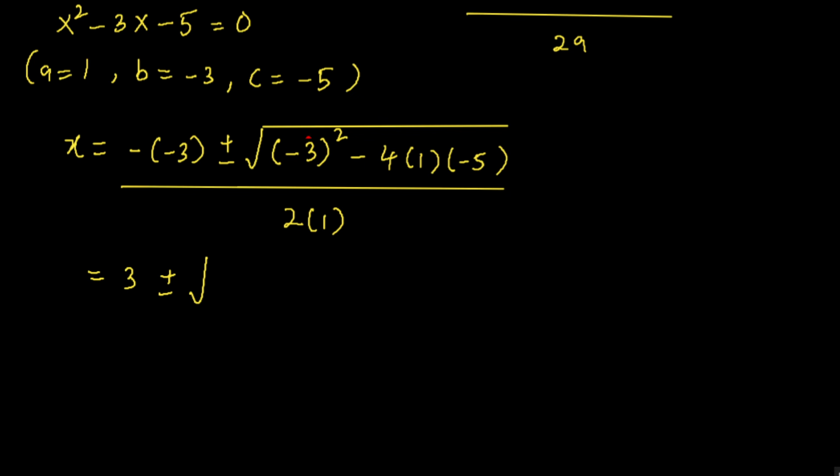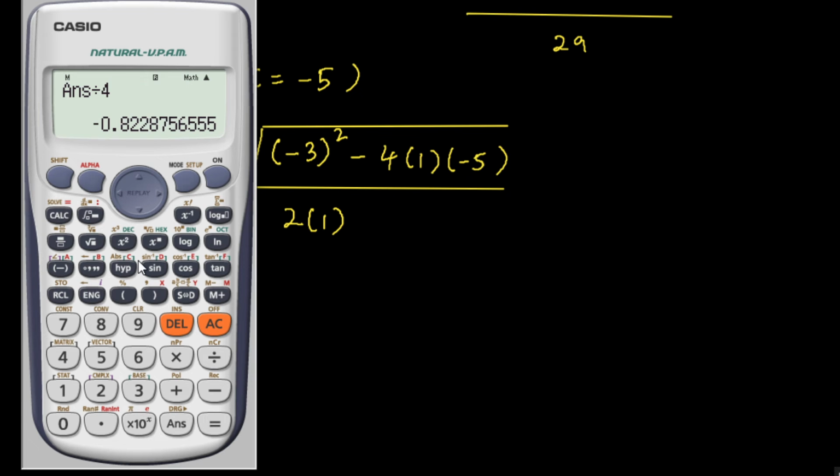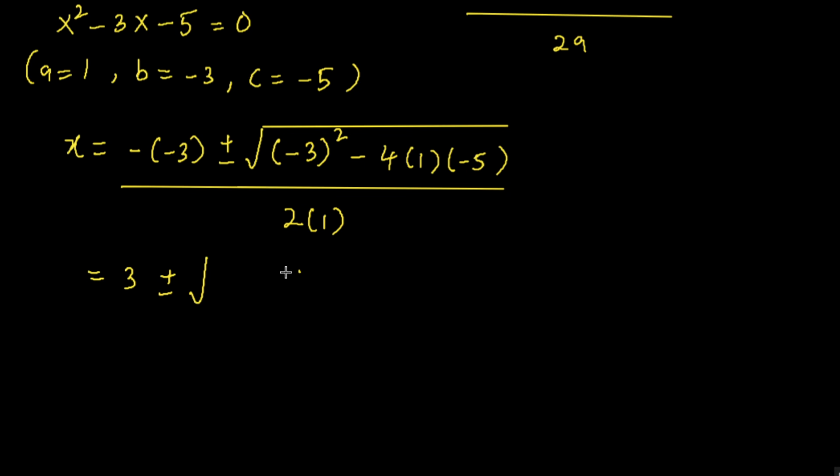This one you just press accordingly. Negative 3, close the bracket, squared, minus 4 times 1. Actually, no need to write it, but I write it to show you. Times negative 5, you will get 29. So the value under the root is 29, over 2 times 1, which is 2.